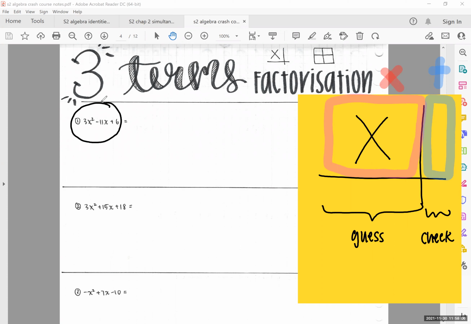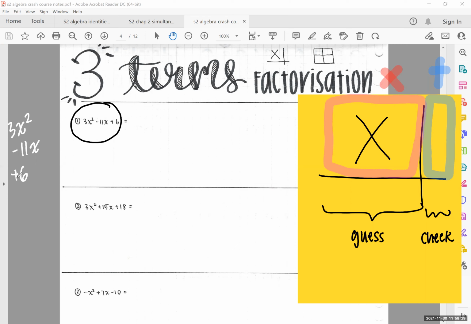Can you see that this is made up of 3x squared minus 11x plus 6? Later, I'll teach you how to use your calculator to check also. But I'll not teach you using your calculator yet until you guys have mastered it. Then I'll teach you using the calculator.